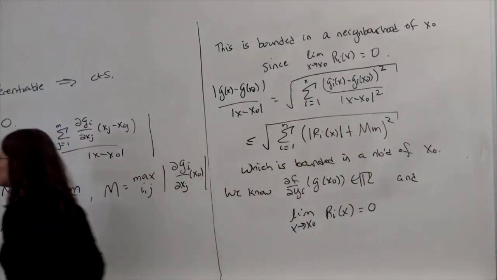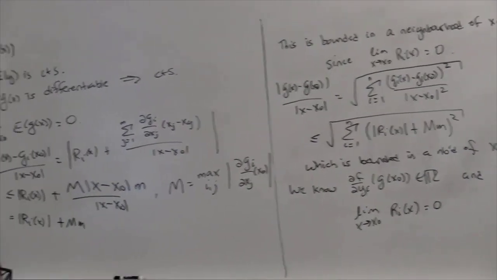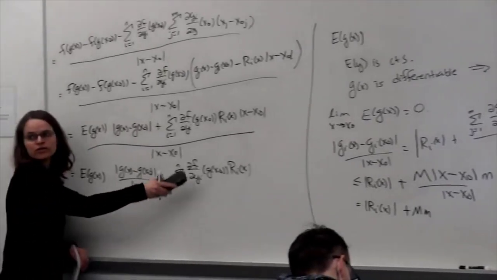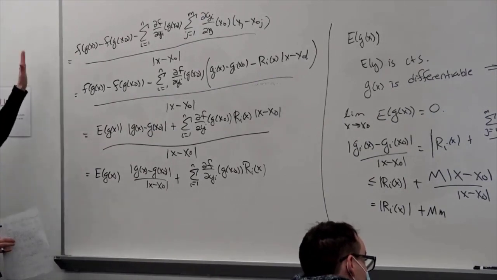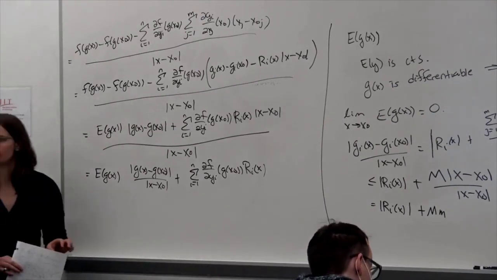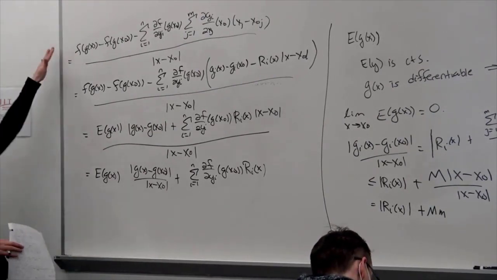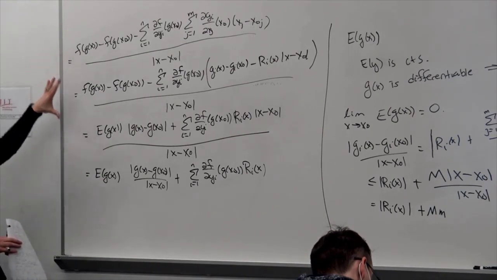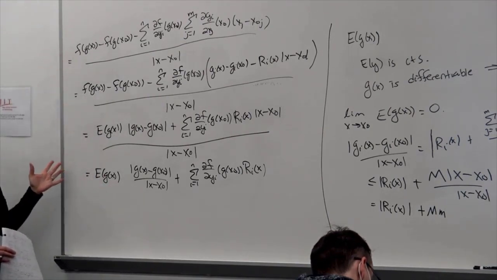Okay, so we can come back and conclude here then that all of this in the limit is going to go to 0. So we wrote down the thing that we wanted. The left-hand side is erased now. I think I called it Q. Q is bounded by something that goes to 0.